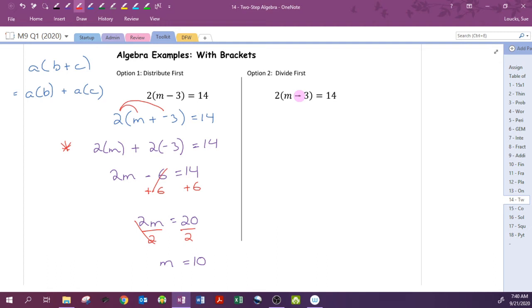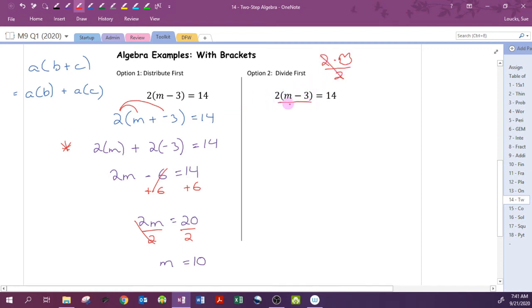So on the left side here, we got rid of the brackets by distributing the 2. On this side, we're going to do that by dividing by 2, because this is like 2 times something. Don't know what it is. But if it's 2 times something, I can divide that by 2, and then the 2's are going to cancel out. Okay?